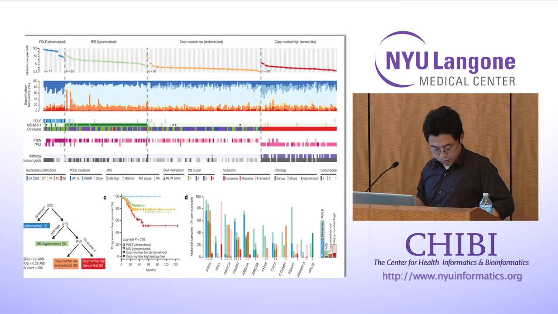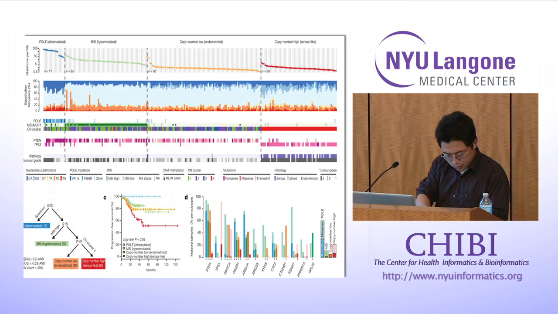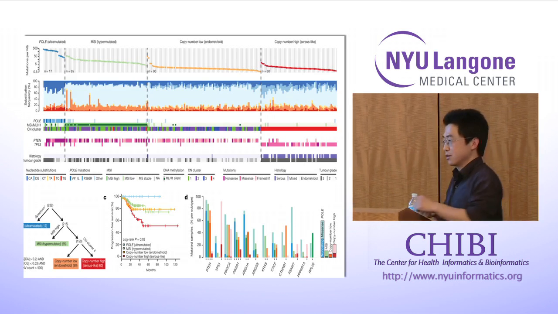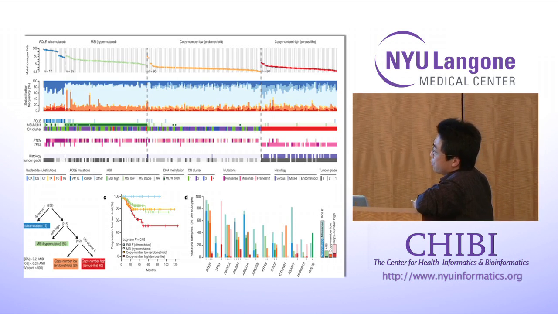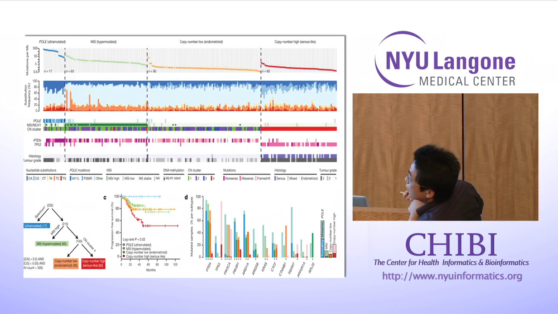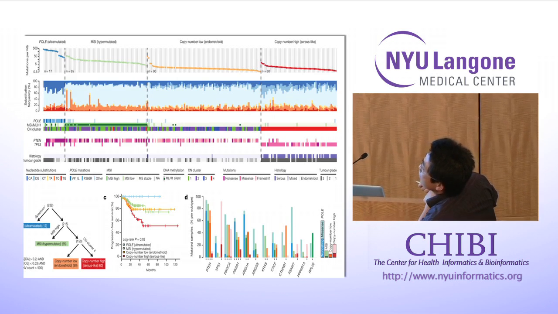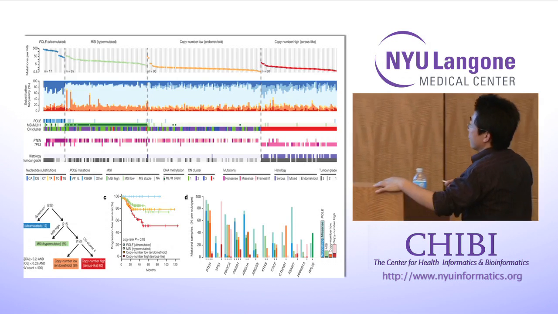This is a recent study in Nature on cancer, what they call the endometrial carcinomas. I'm not familiar with that cancer, but anyway, the idea is very nice here: you put all the data together, you tabulate them, you have the copy number change, you have certain gene mutations, some mutation profiles, methylations.